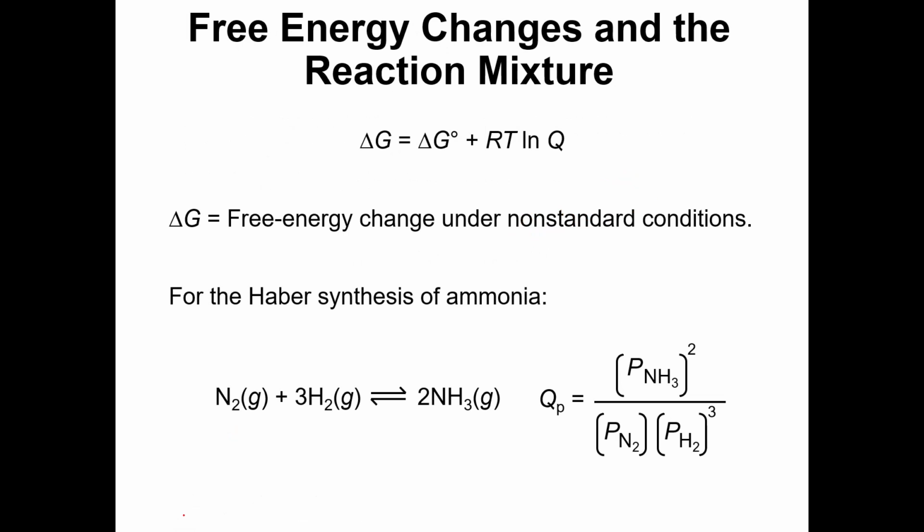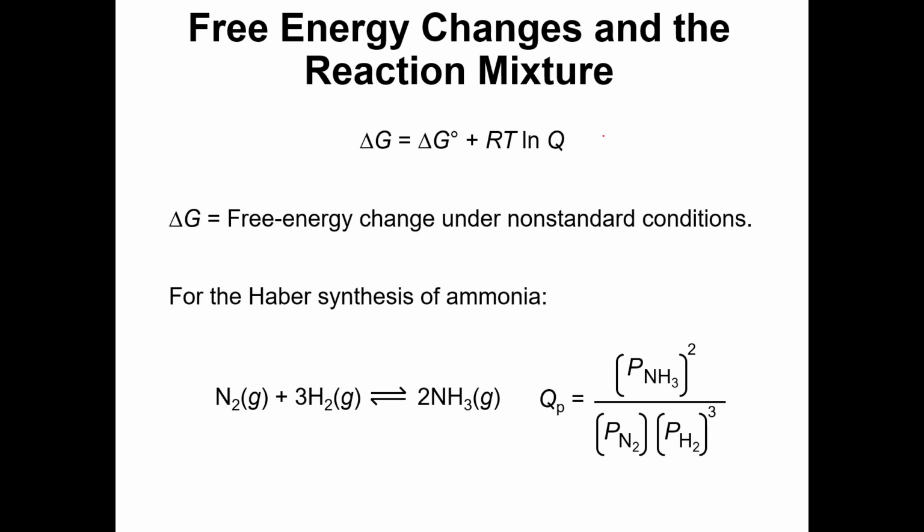So delta G, when it doesn't have the naught symbol, is the free energy change under non-standard conditions. Now, a lot of times when we're calculating Q, we'll have reactions in the gaseous state. For gases, sometimes it's more convenient to use partial pressures instead of concentrations.